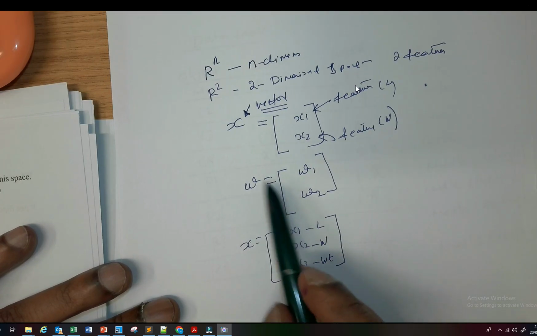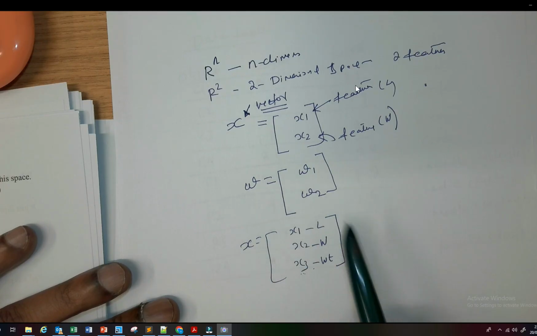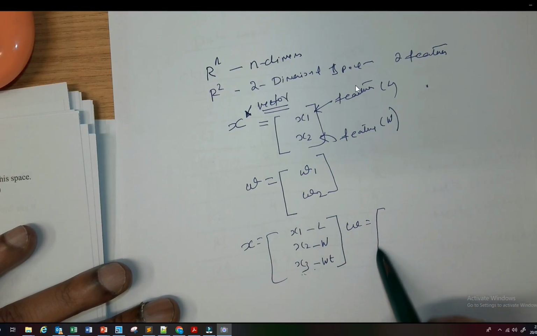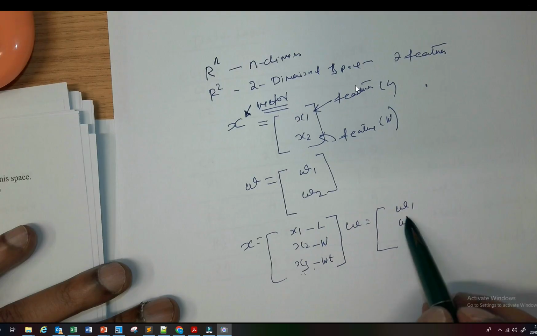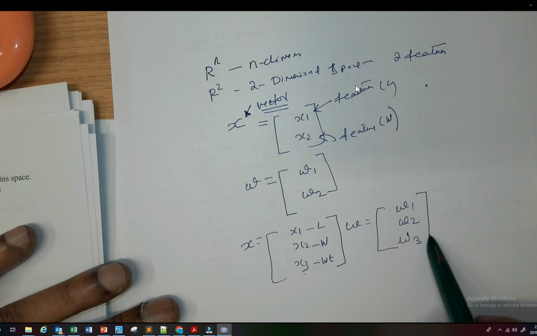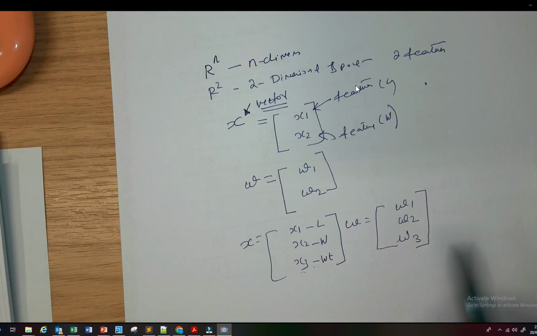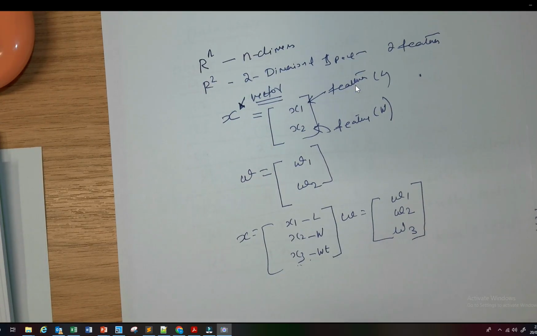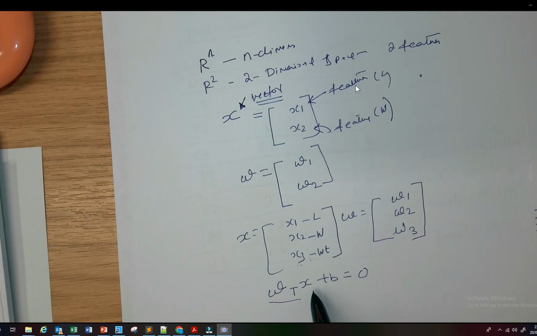In this case the dimension of w should be exactly the same, so w will be w1, w2, w3. So the dimension should be the same. And if you remember in the previous video, I said the equation of the hyperplane is w^T x + b = 0.